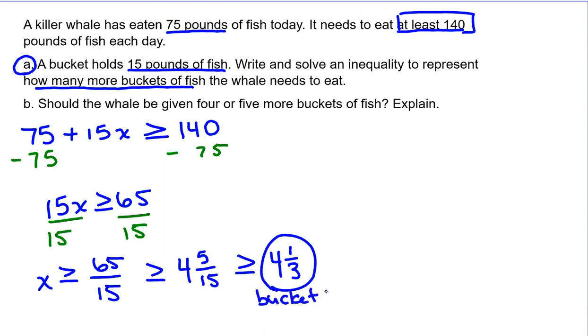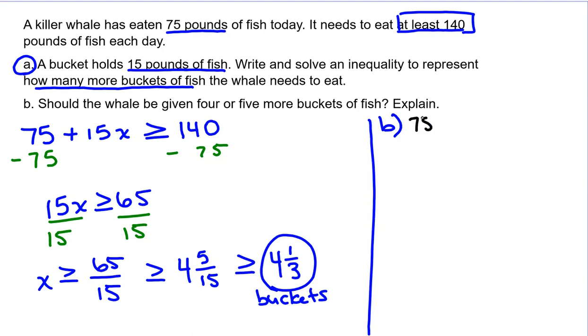Let's look at B. Should the whale be given 4 or 5 more buckets of fish? Well, we already know that he's going to eat more than 4 buckets, but just to be sure, let's solve it. And instead of putting x, we're going to substitute 4.